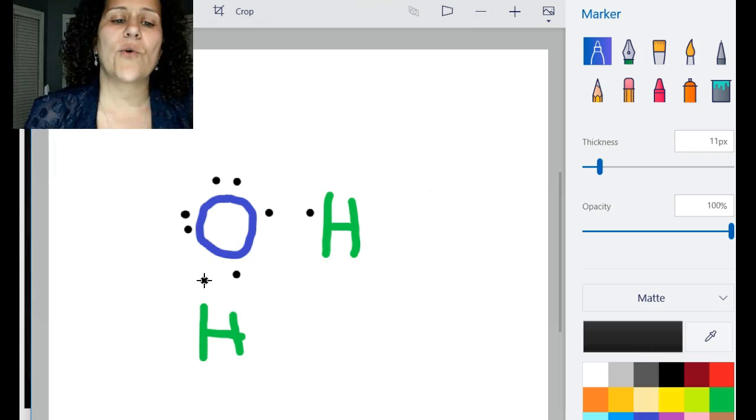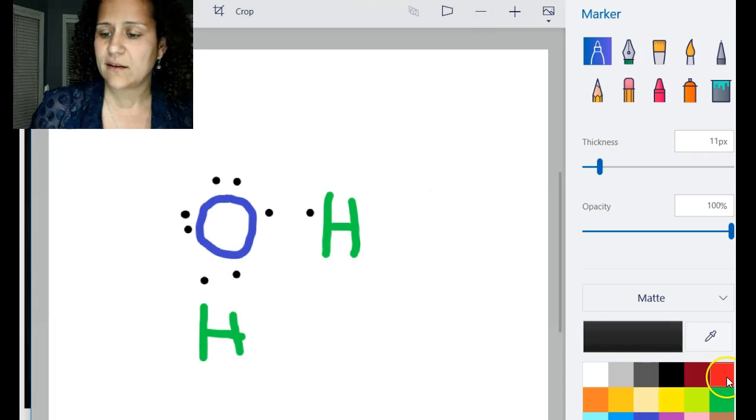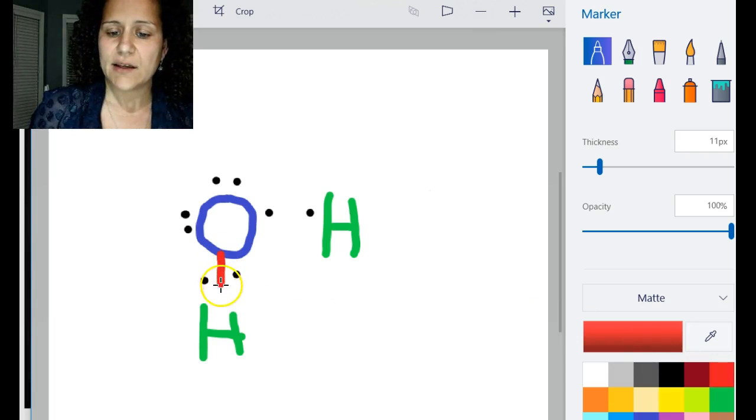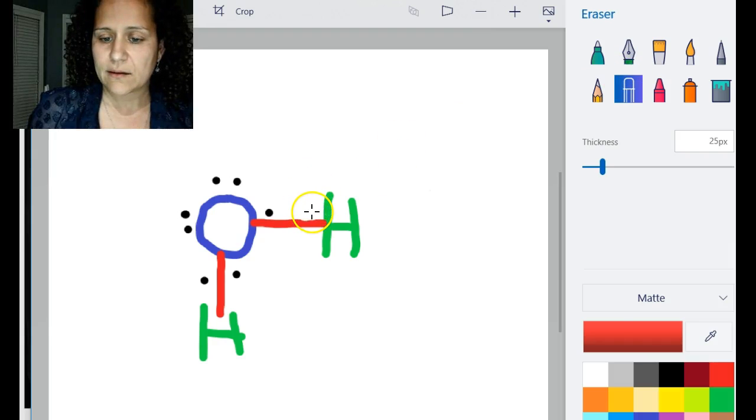So in order for oxygen to have 8 in its valence orbital, it's going to share, and I will draw a bond here, it's going to share it with that first hydrogen, and it's going to share it with this hydrogen. And I can just go ahead and move that dot over a little bit.